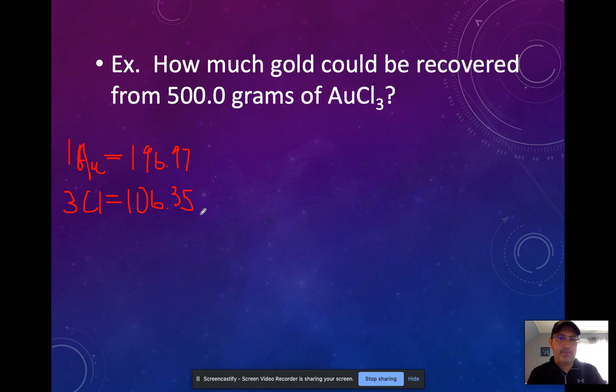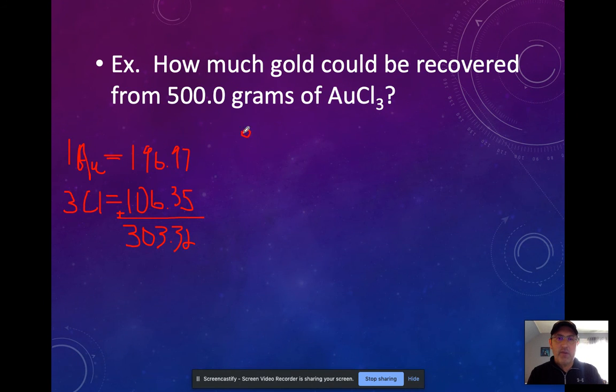We'll add that together. So that's 106.35 plus 196.97, 303.32. Okay, so this is the mass of our compound and the mass of our individual elements.